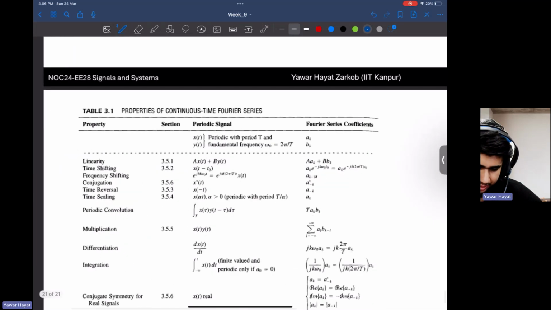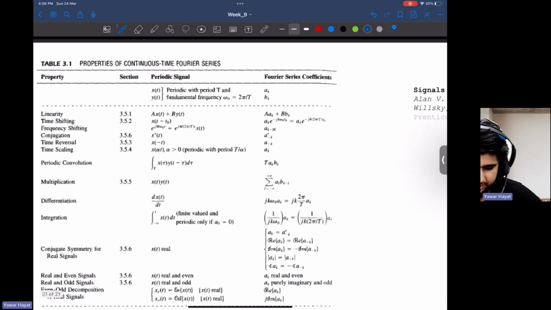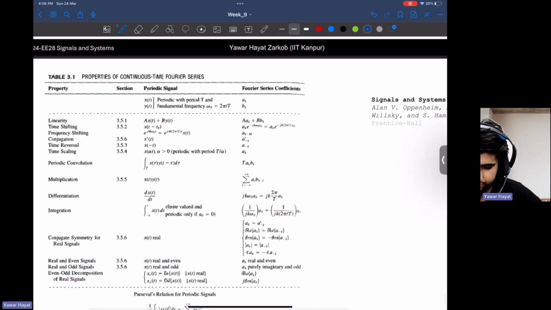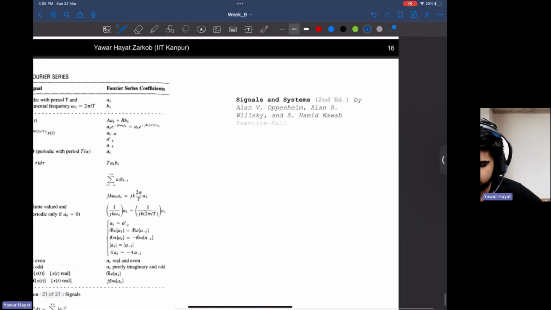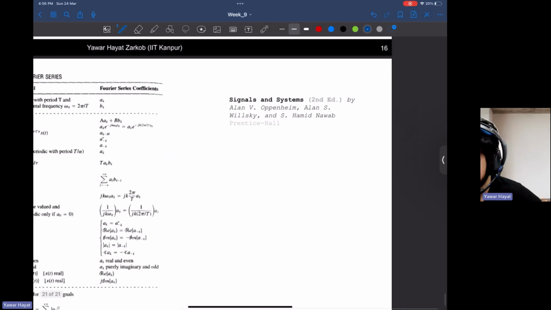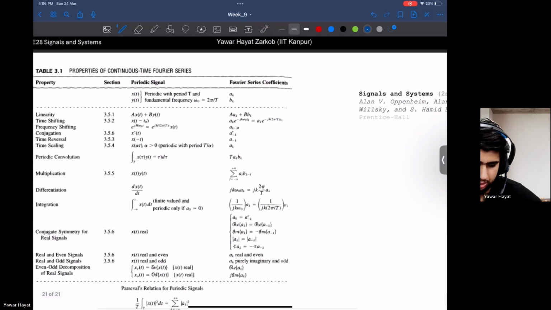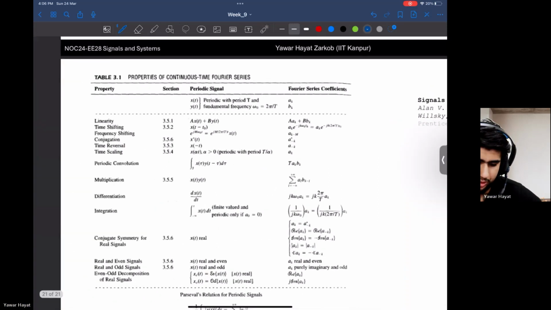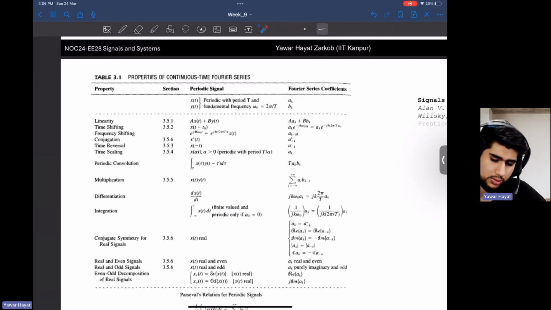So this table summarizes the properties of the continuous time Fourier series. You can refer to the book for this table. I've used a snap from this book that is recommended for this course by the instructors. Let's briefly go over them.